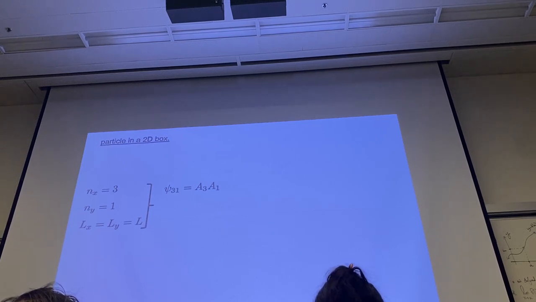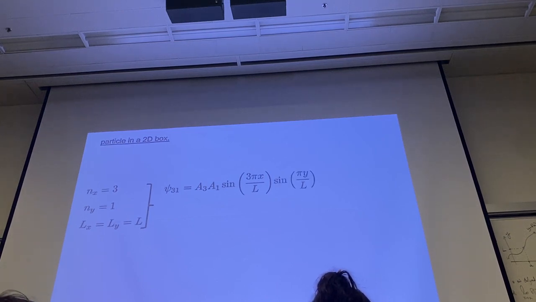Some pre-constants, and then the sine function contributed along x, the sine function contributed along y, so that's the shape of the wave function. I'm also giving it labels now. I'm going to call this wave function psi 3,1, meaning nx equals 3, ny equals 1.